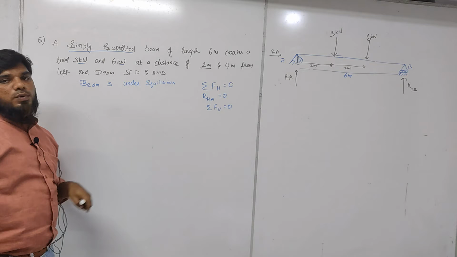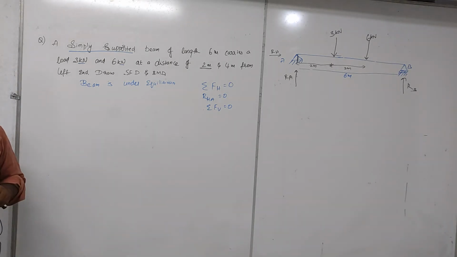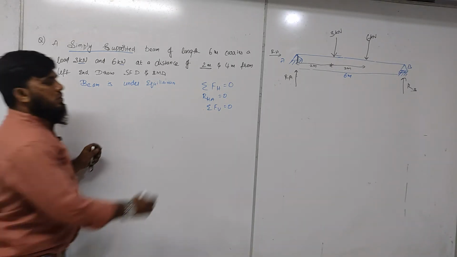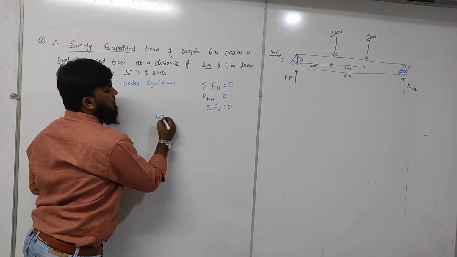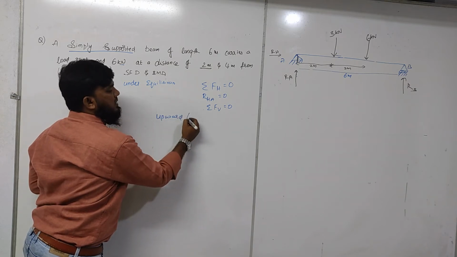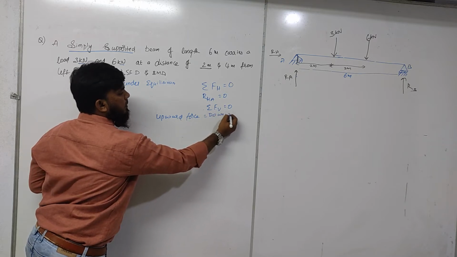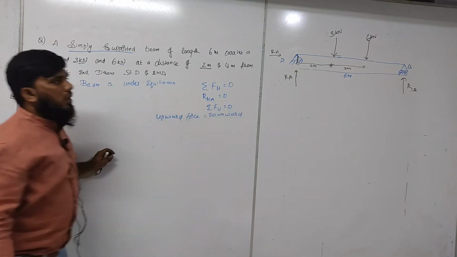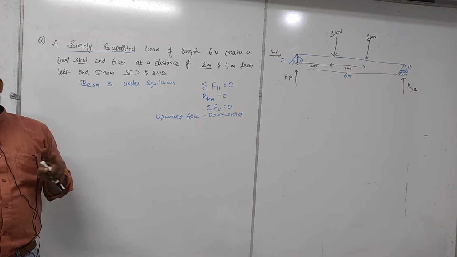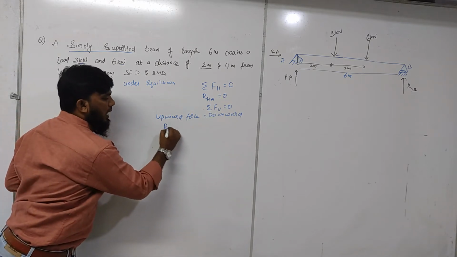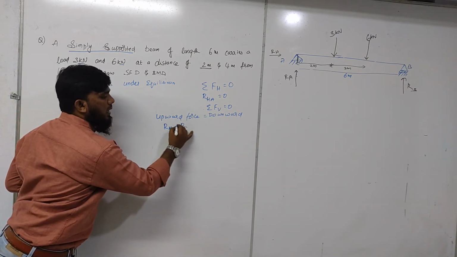What are the vertical forces we are having? Generally, upward forces are equal to downward forces. Upward forces, here we have two reactions, that is RA plus RB.